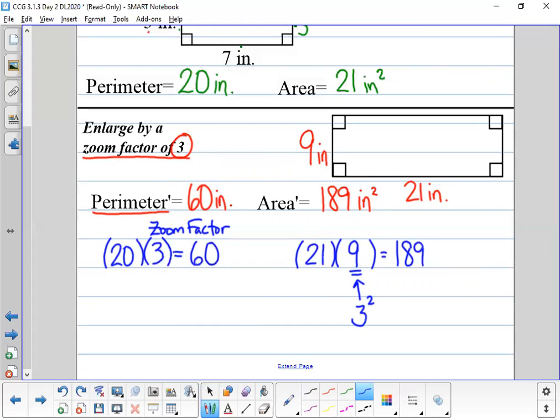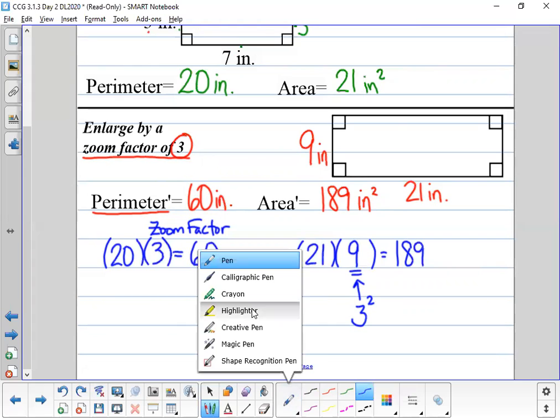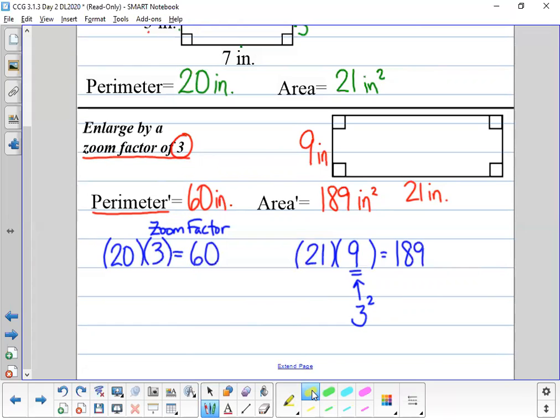So instead of multiplying the area just by the zoom factor, I'm going to multiply it by the zoom factor squared. And the reason why it ends up being the zoom factor squared is because I multiplied my base times the zoom factor, and I multiplied my height times the zoom factor. So I multiplied 7 times 3 and 3 times 3.